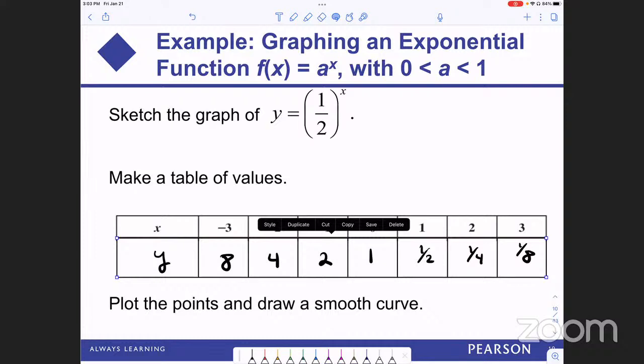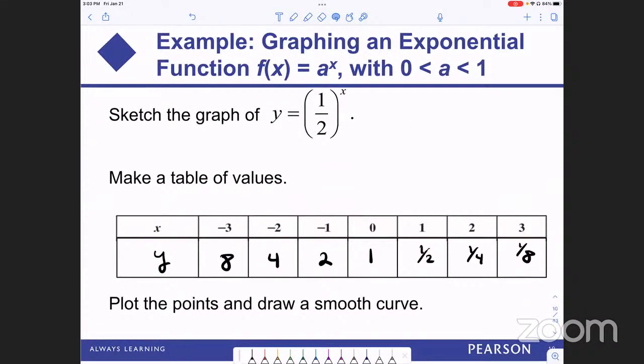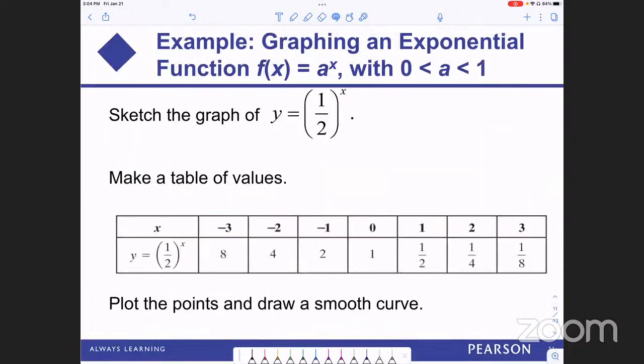Okay, that looks good. Then if we plot all of these ordered pairs, I think we get the same results: 8, 4, 2, 1, 1/2, and so on.